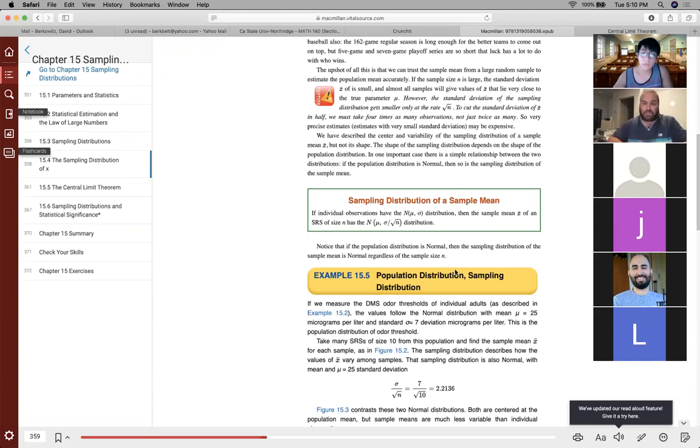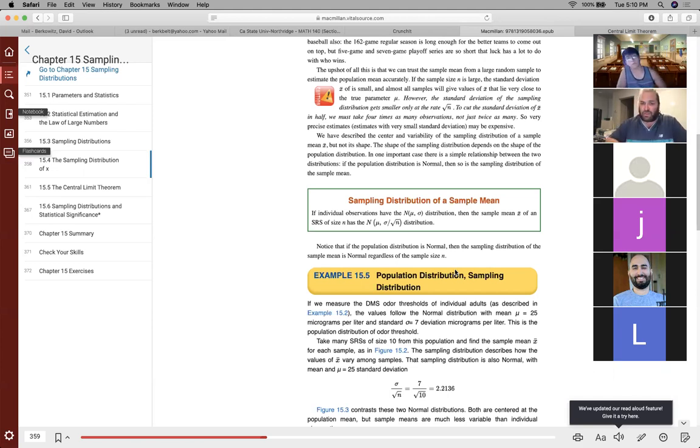In this case, it's sigma over the square root of n. If it's not normal, then you cannot immediately conclude that X bar is also the same. This is true only for normal distributions. If the original one was normal, then X bar is also normal.